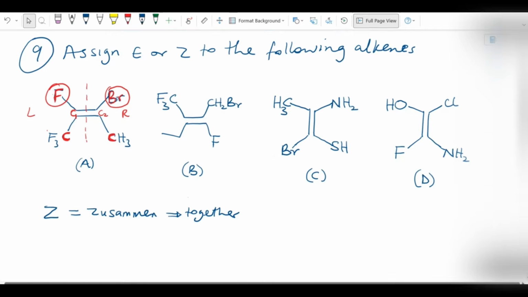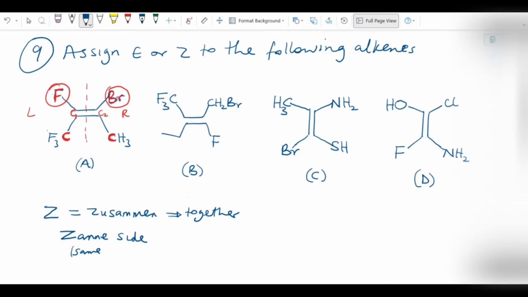So when two groups are on the same side, I have a quick memory trick here. When they're on the same side, I'll just assign Z.